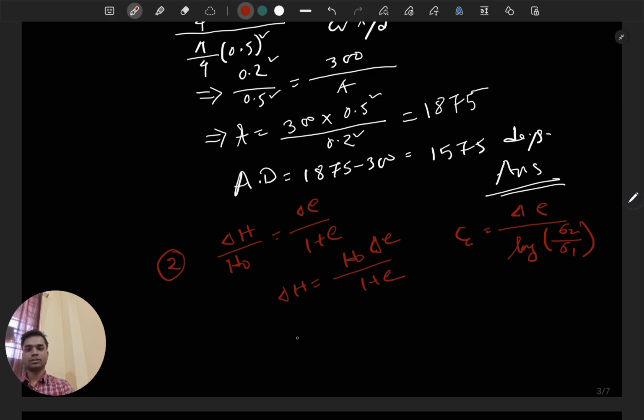Replacing that, delta H is equal to, put that value over here, H naught by 1 plus e0 into Cc into log base 10 of sigma 2 by sigma 1.